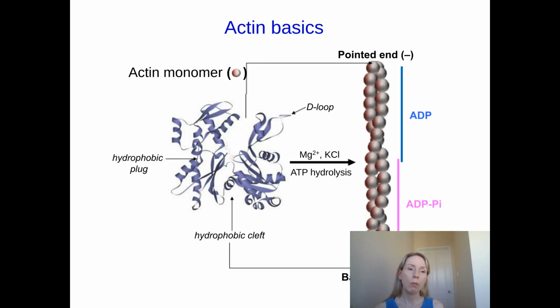This is something we can easily manipulate in a test tube in vitro, and something we use for actin purification from different sources. But we need to understand that in cells, we don't have this dramatic transition of conditions.